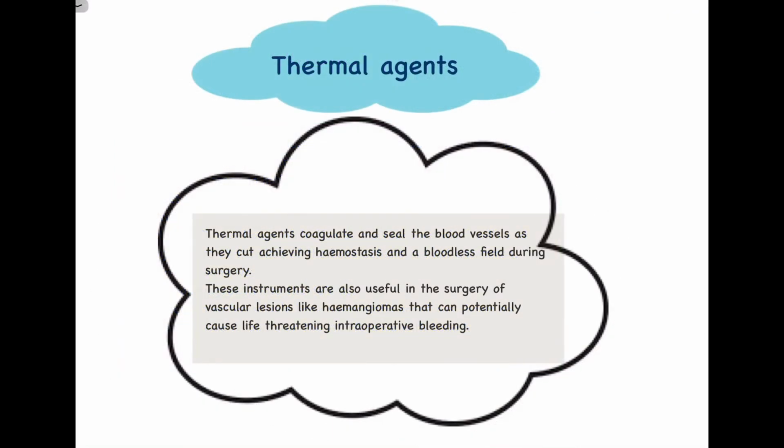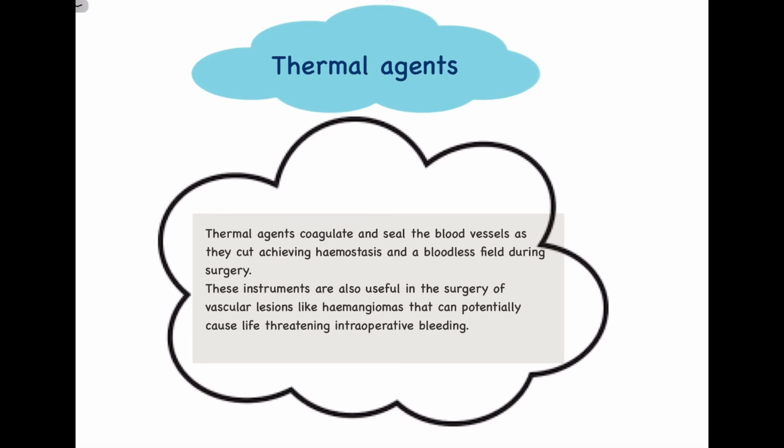Moving on towards the last method to achieve hemostasis, that is by use of certain thermal agents. This thermal agent acts by coagulating the blood and sealing off those blood vessels, and therefore it provides us a bloodless field during the surgery.